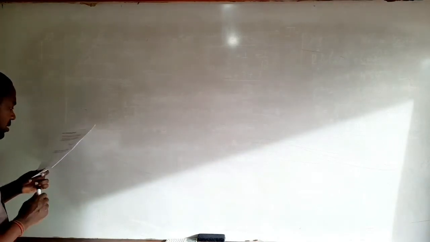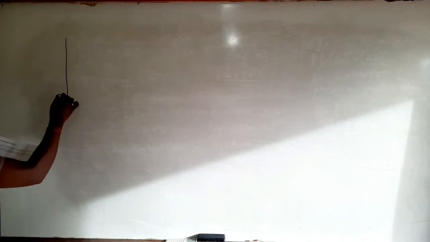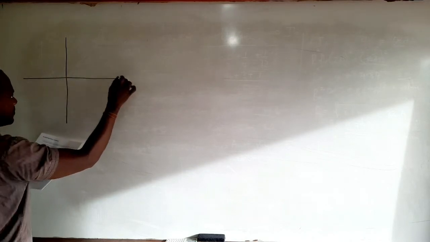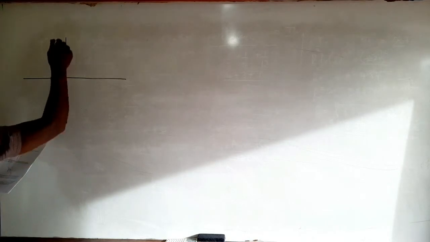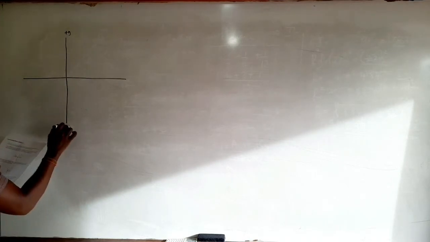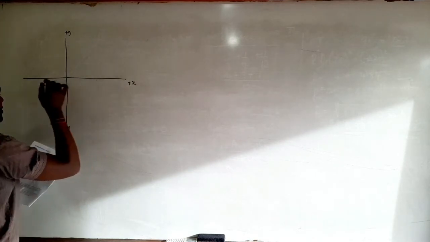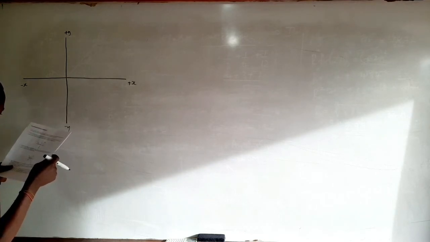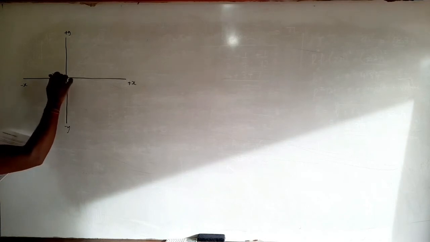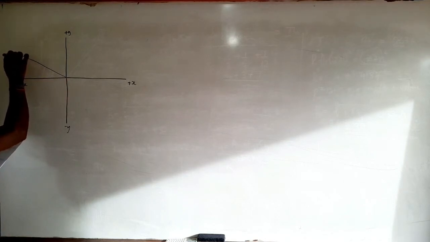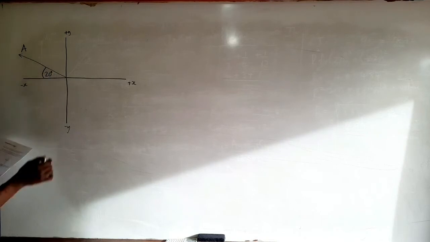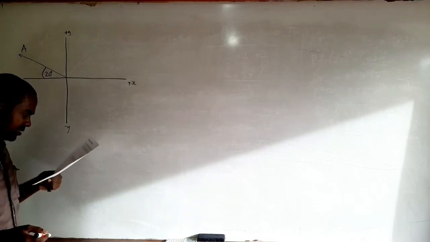So we'll draw the diagram to represent the situation. Alright, so we have our plus y, minus y, plus x, minus x. We have vector A acting in this direction at an angle of 20 degrees above the negative x-axis.